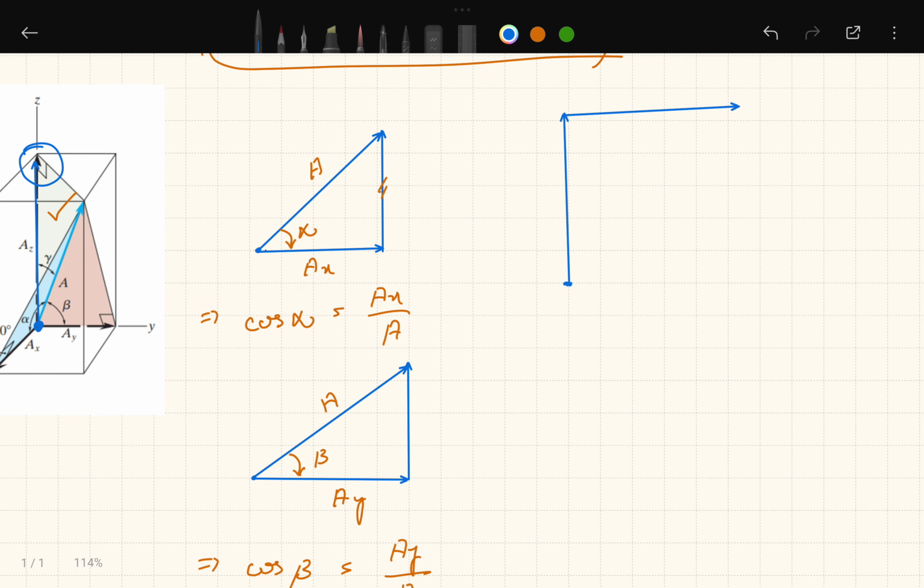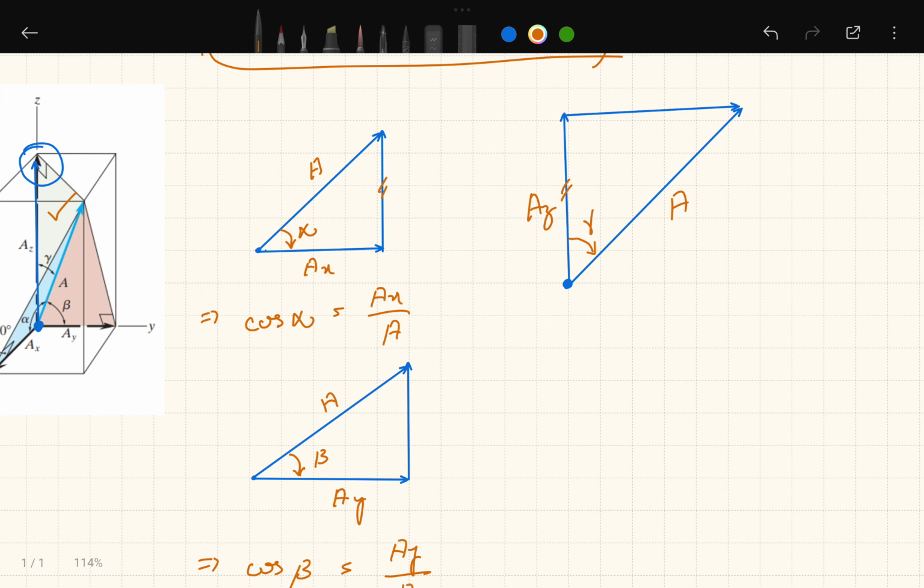Then you join the origin to the end of the vector, which gives you the vector A. You have this angle given, which is gamma, and this side as Az.